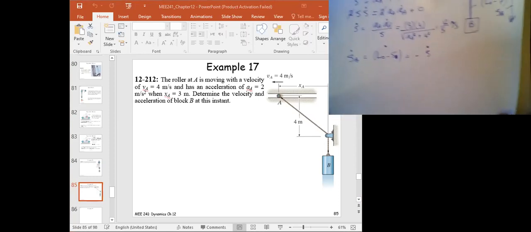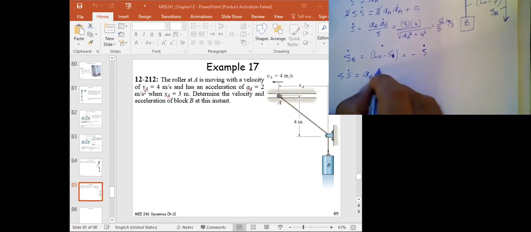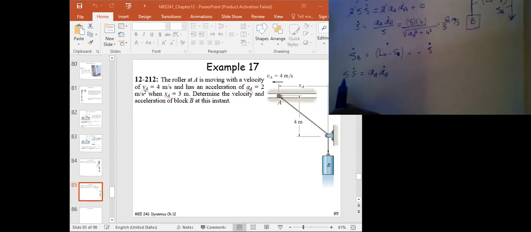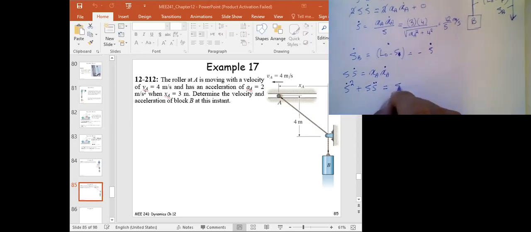So the second equation is S prime S equals XA prime XA. So I want to do the derivative. It's going to be S prime squared plus S S double prime, and the other side is equal to X prime A squared plus XA double dot.